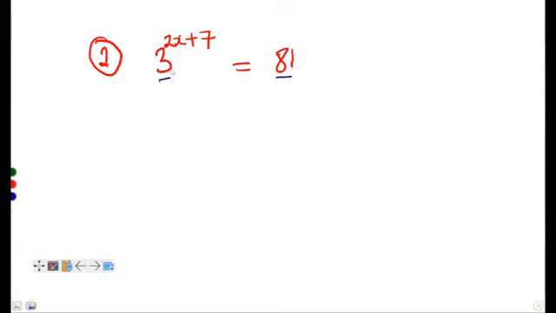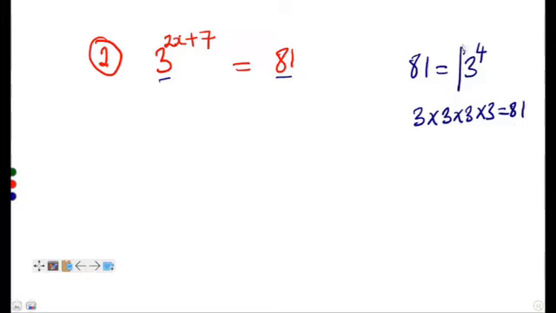We can't convert 3 to become 81, but we can convert the base 81 to have a base of 3. 81 can be written as 3 to the power 4, because when you multiply 3 by itself 4 times, it gives us 81. This is the only trick about this. So you write 3 to the power 2x plus 7 is equal to 3 to the power 4.